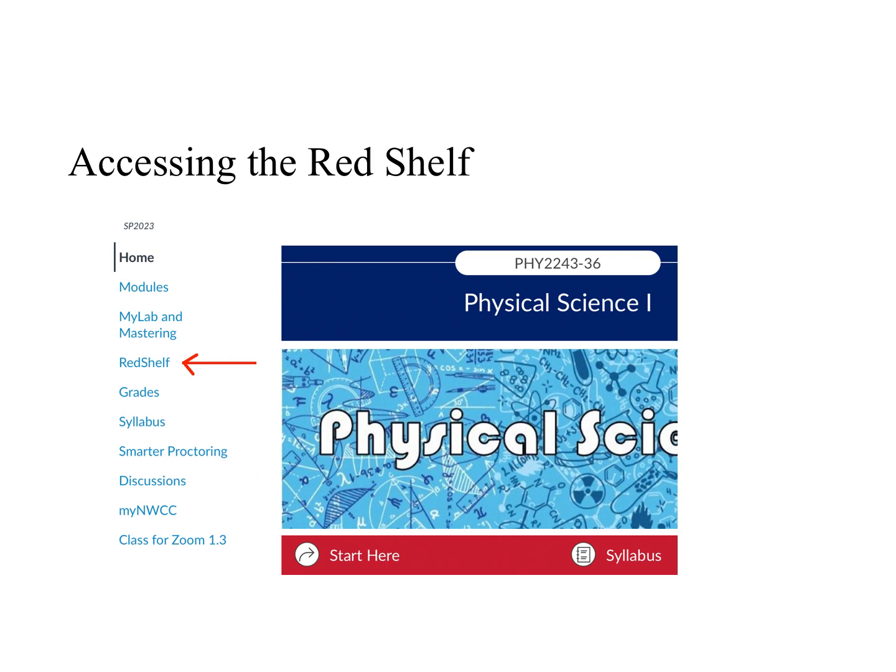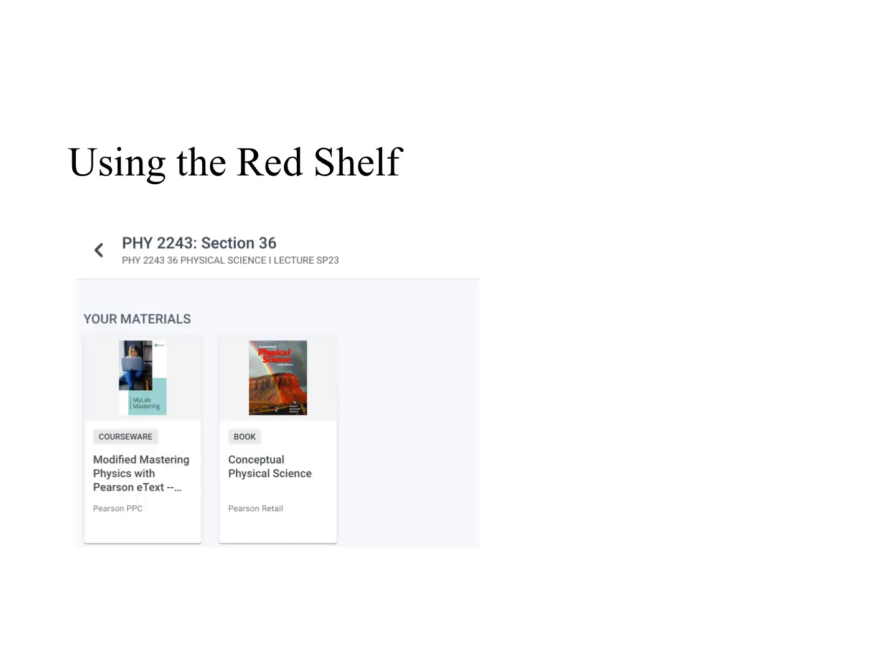And so that code that you need to access the MyLab and Mastering homework system is available in the Red Shelf. And another thing that you'll find is the ebook for the course. So if you click on the Red Shelf button, it'll take you to another page that looks something like this.